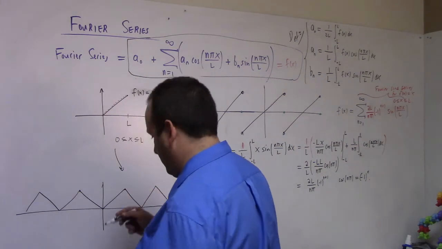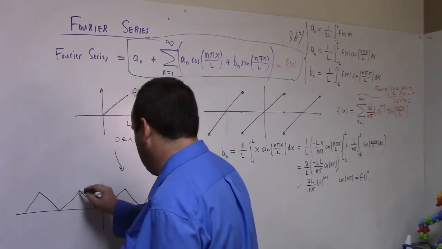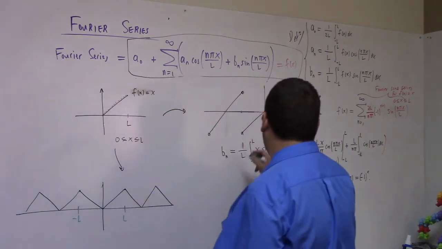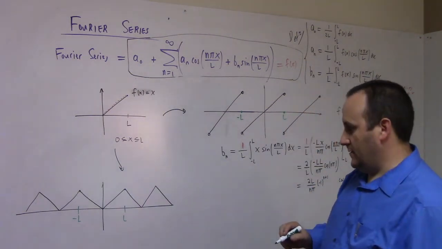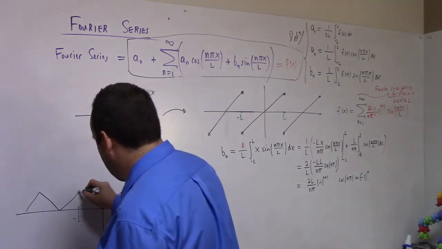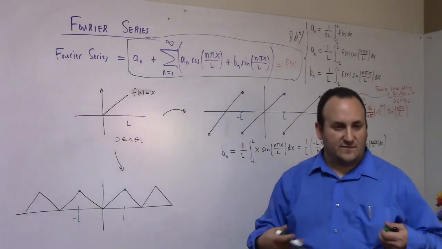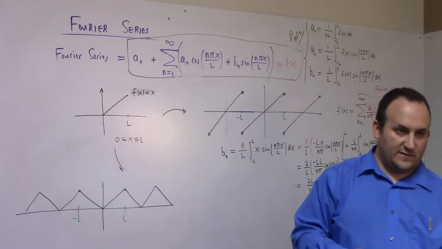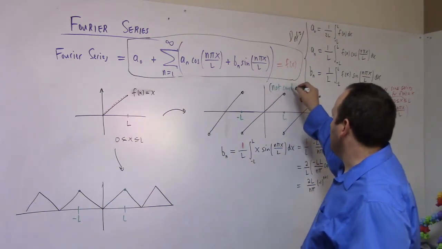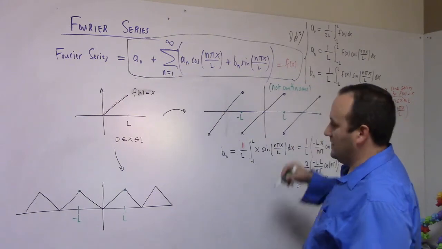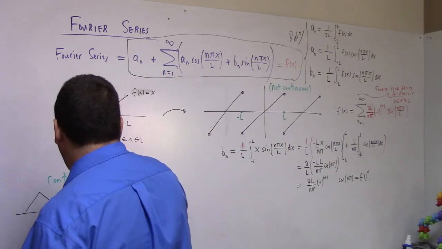All right, so again, here's your L, here's your minus L. In this case, the average of the endpoints is just that. So the even periodic extension is continuous, in fact. This one's not continuous, as you can see. The extension's not continuous, but here, this is a continuous extension, as it happens.